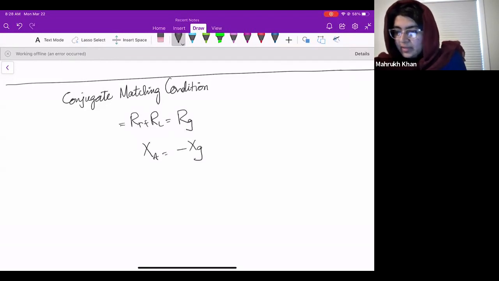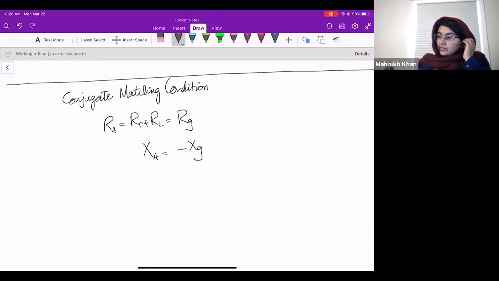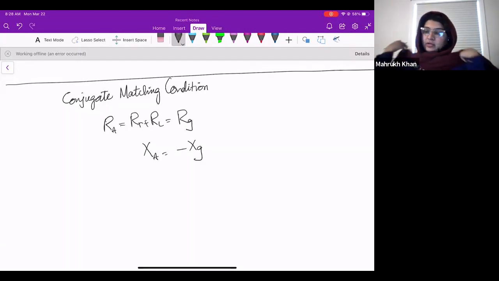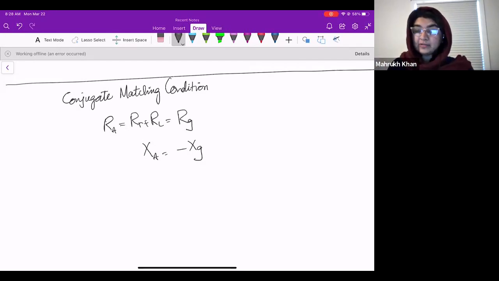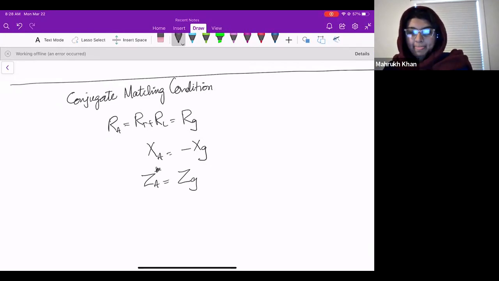In other words, we are saying that RA is equal to RG, the antenna resistance is equal to the generator resistance, and the antenna reactance is equal to the negative of the generator reactance. So in other words, we are saying ZA conjugate is equal to ZG, or vice versa.